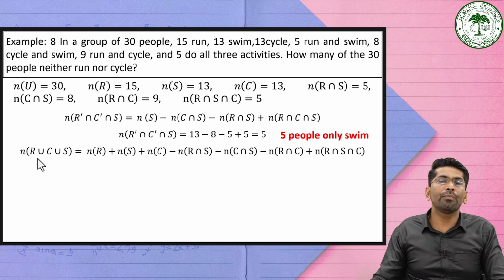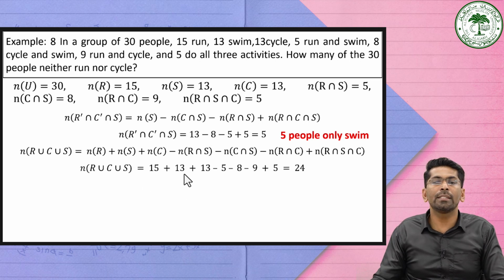The union of the three groups, run, cycle and swim, can be calculated using the given formula. Substituting the information given, it becomes 15 plus 13 plus 13 minus 5 minus 8 minus 9 plus 5, where 5 is the intersection of the 3. Solving it, it is equal to 24.